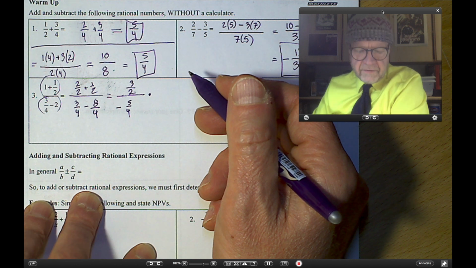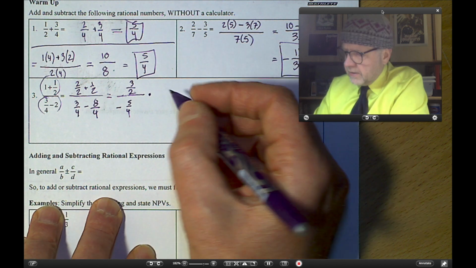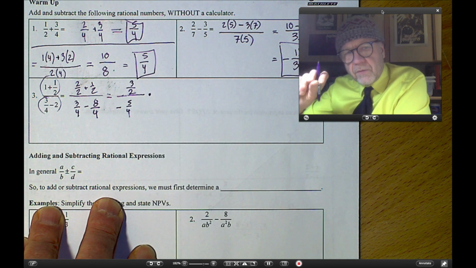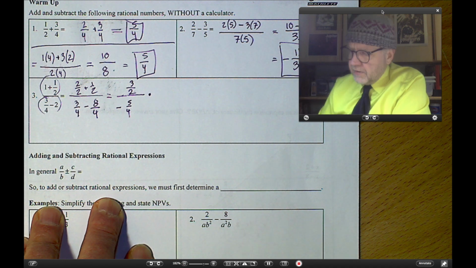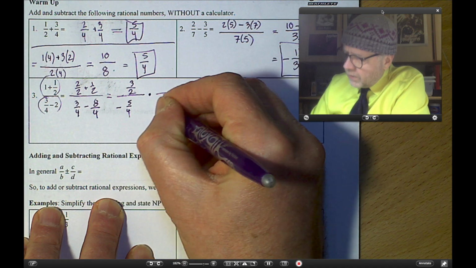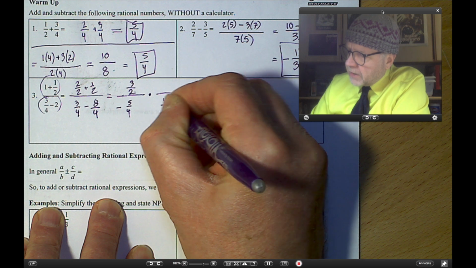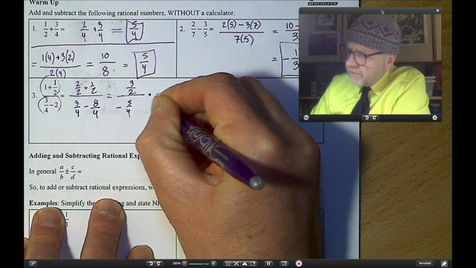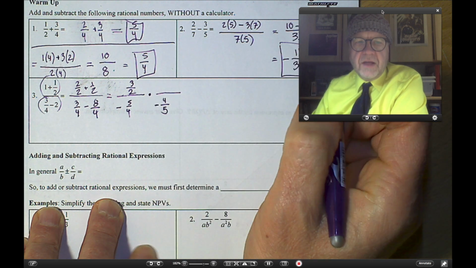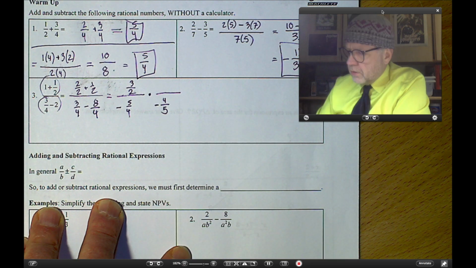We are, in fact, going to multiply, not by the conjugate, but by the reciprocal of 5/4. And what's that going to do to us? Well, when we multiply the bottom by negative 4/5, we're going to keep the sign, but we're going to flip the terms.